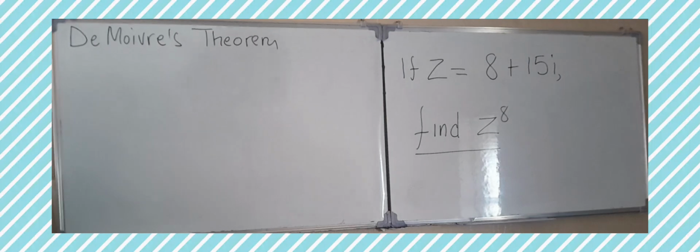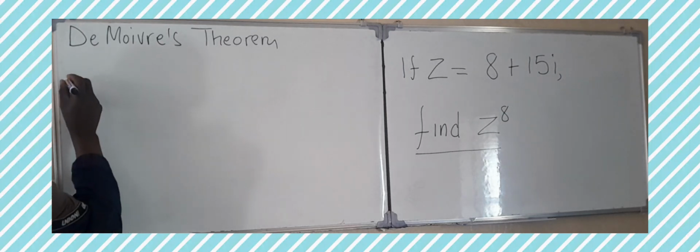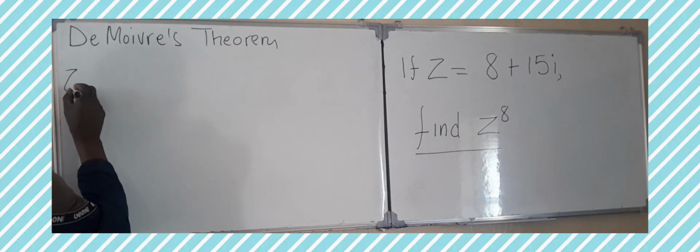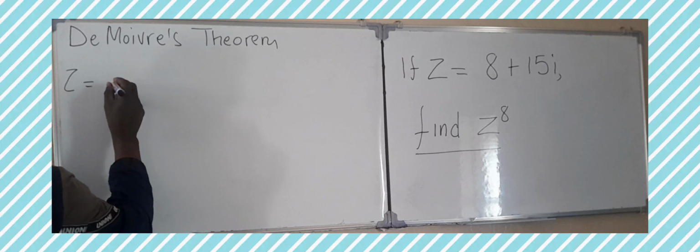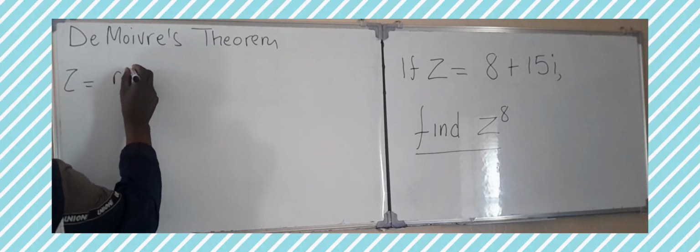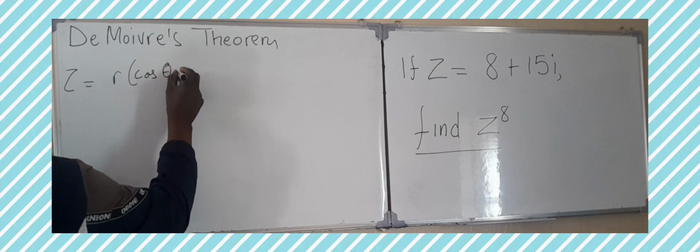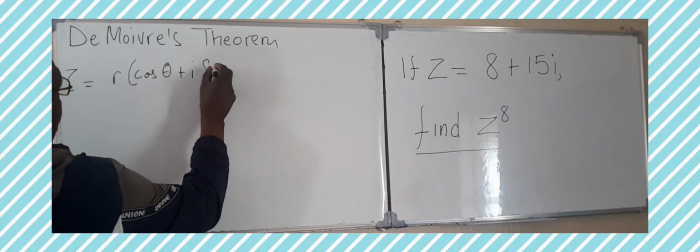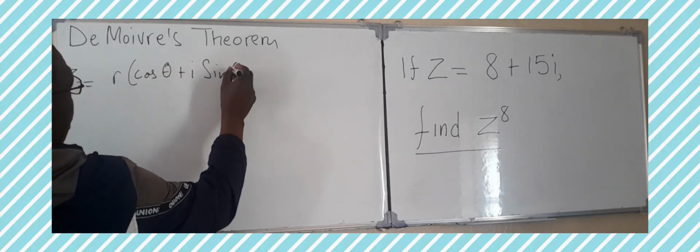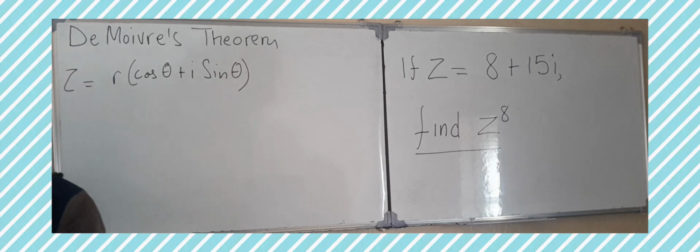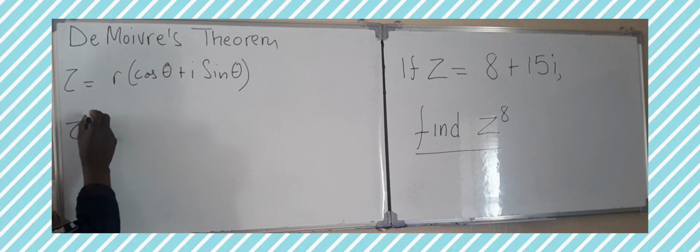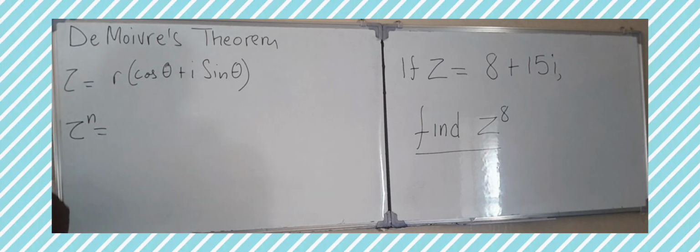And this theorem says, if you have a complex number Z, and it's written in polar form as R cosine of theta plus I sine of theta, and you raise it to the power n, Z to the power n, that's what the Moivre's theorem says.